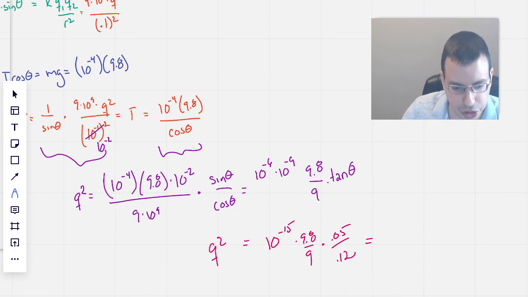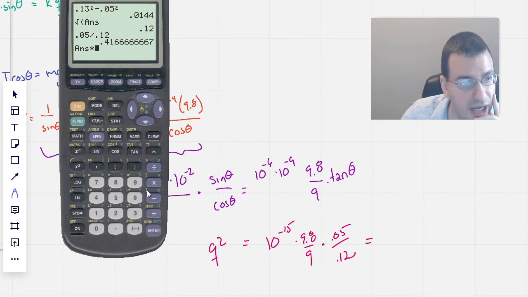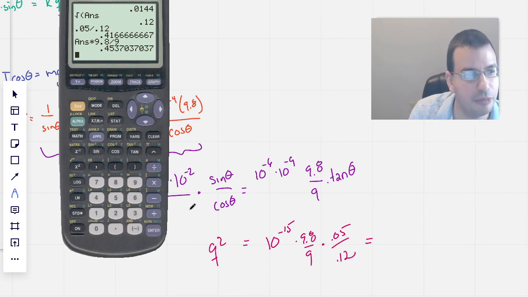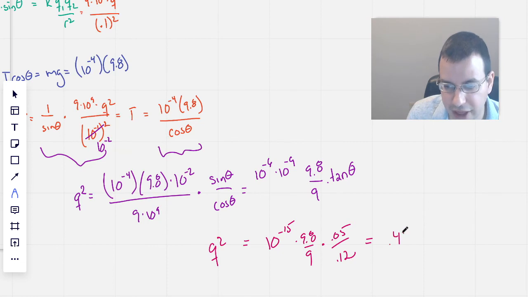Therefore, when we work this out, we have 0.05 divided by 0.12 times 9.8 divided by 9, and we have 0.4537 times 10 to the negative 15.